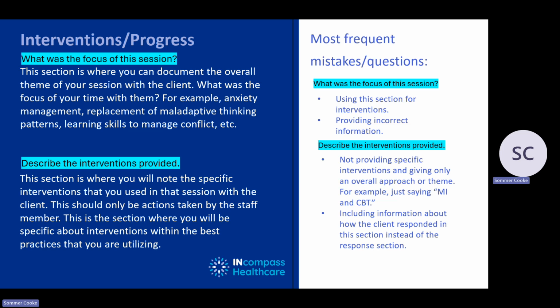The next sections are where you'll probably spend the most time in your service note. They are the interventions and progress. So this is what the focus of the session was.